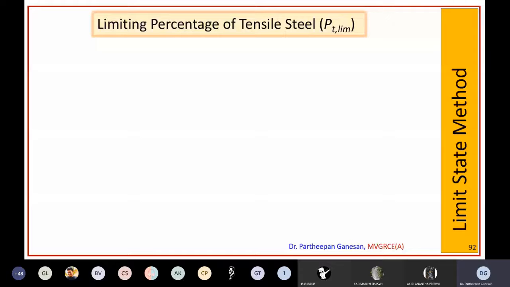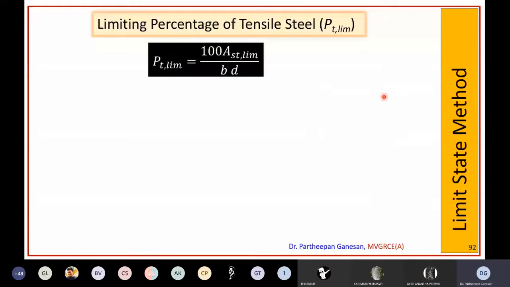The maximum limiting percentage of tensile steel is represented by the symbol PT limit. So the limiting percentage of tensile steel is equal to AST limit, the area of steel for the limiting section, divided by the effective area of beam, multiplied by 100.